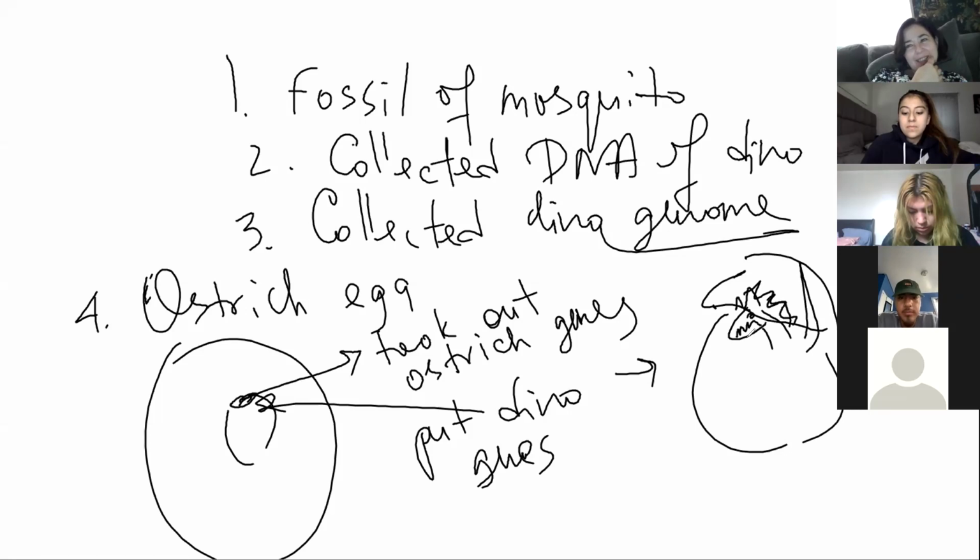This is not scientifically possible, because first of all, DNA being intact inside mosquito cells after millions of years is really not possible, right? Even if you can extract some DNA, you can't extract DNA for the whole entire dino. It's really not possible.